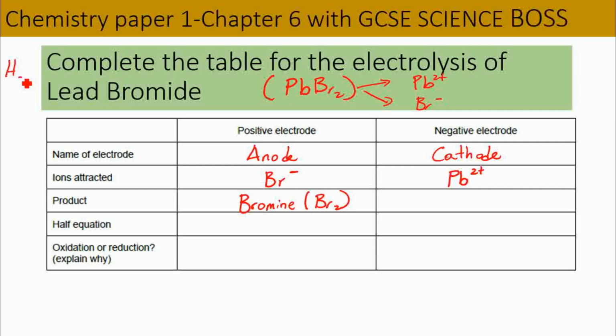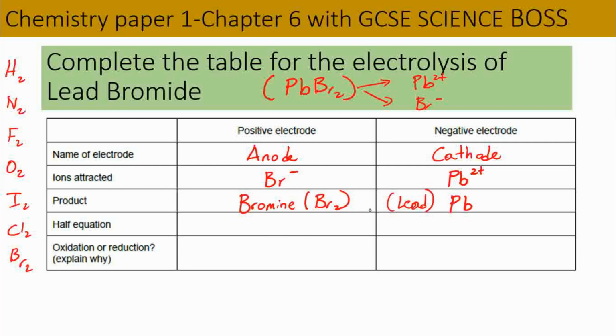These elements will always exist as diatomic as a product. However, lead will change from being a lead ion to now lead solid. So it will now change to lead.